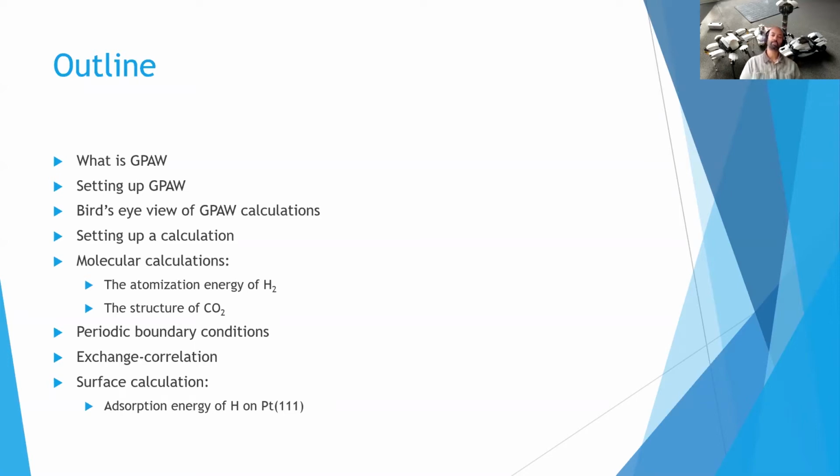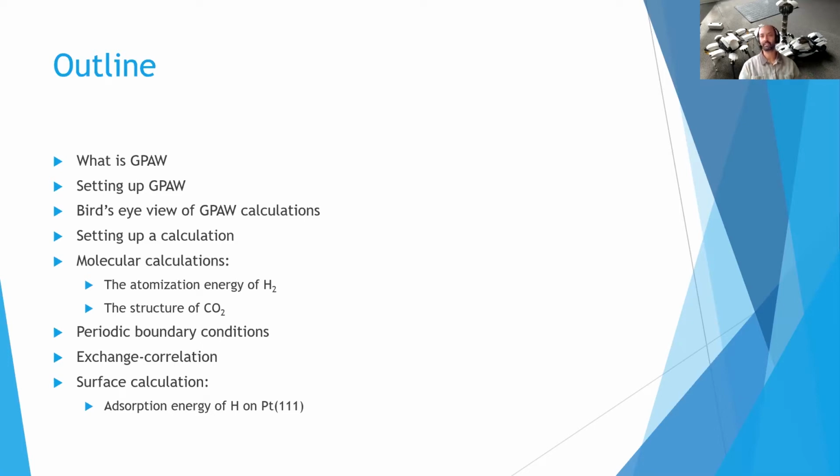And then we will do a surface calculation, the adsorption energy of H on platinum. It's going to be a very simple, rough calculation. It's not going to be delivering accurate results, because to do accurate surface calculations for metals in particular, in GPAW, one needs certain parameters, to have the systems be a bit larger.